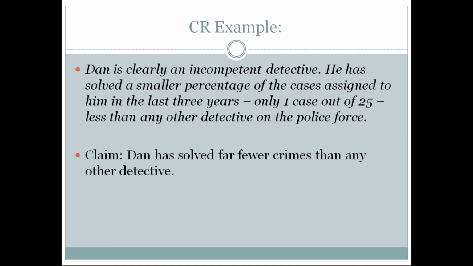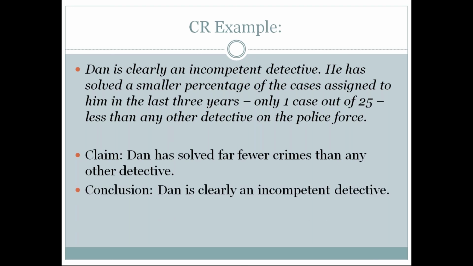Okay. So what's the claim here? The claim is that Dan has solved far fewer crimes than any other detective. What's the conclusion being drawn from that? That he's an incompetent detective. Yeah, he's incompetent. Right. Good. Does it follow? No. Right. Why not?